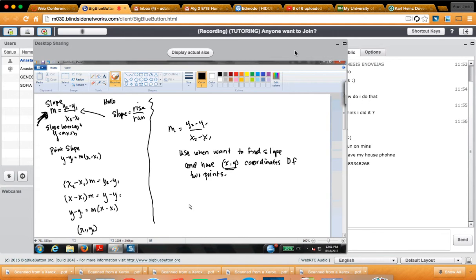I might say, here's a graph, find the slope. And what you have to do is identify two separate points on that graph, an x1, y1 and an x2, y2. And you just take these numbers and plug them straight into this equation right here. Got it?